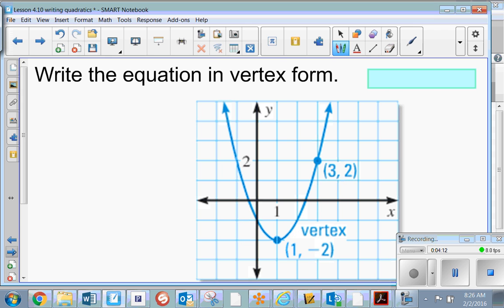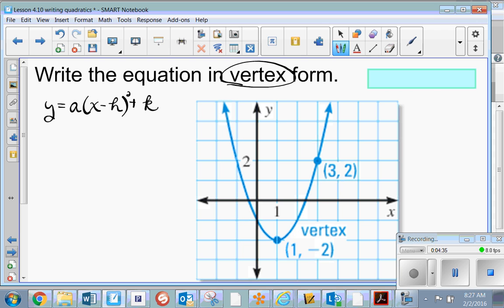Right? What if I give you a graph instead? Same thing. This time, it's still vertex form, isn't it? So vertex form is still going to be y equals a(x minus h) squared plus k.